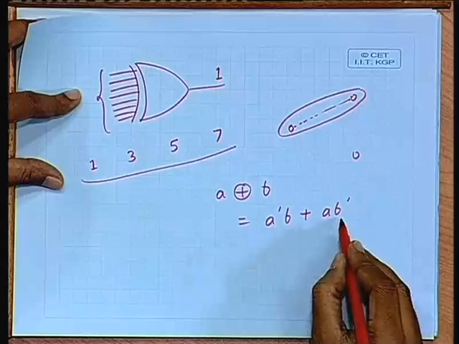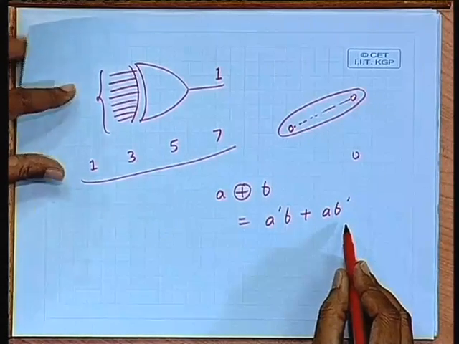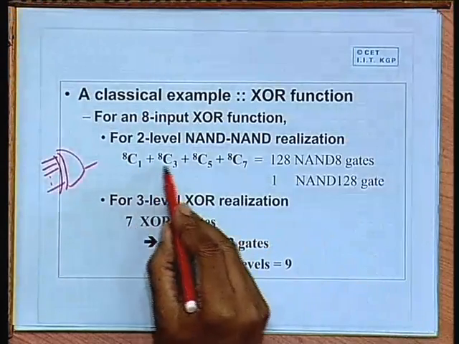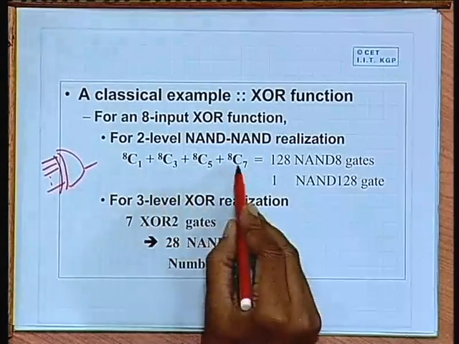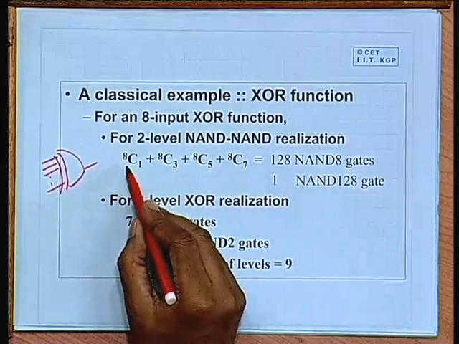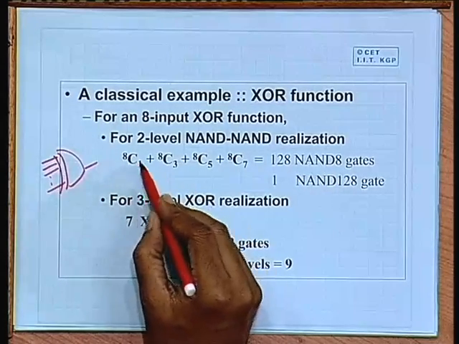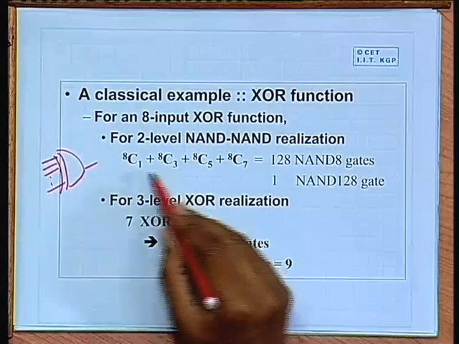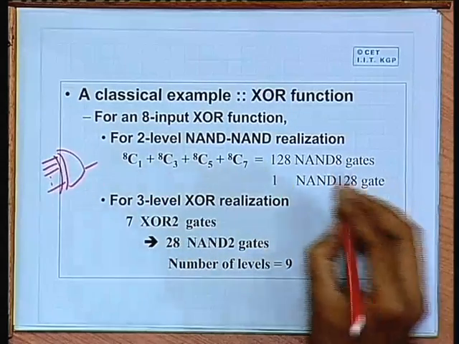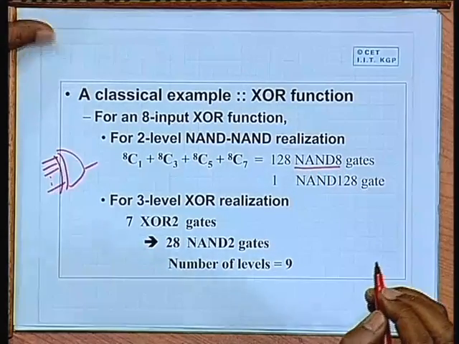They cannot be combined. Similarly for 3 input, 4 input XOR, they cannot be combined. So whatever number you have obtained here will give you the number of NAND gates. And since there are 8 inputs, each of these NAND gates will have 8 inputs. This number comes to 128, so you need 128 8-input NAND gates.